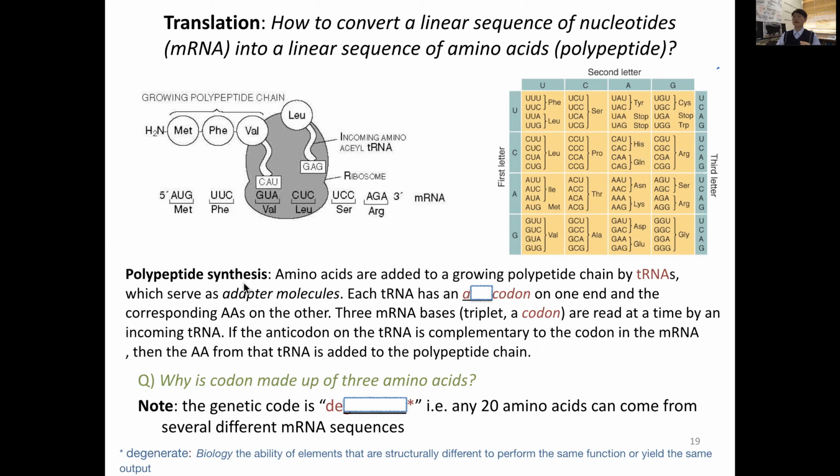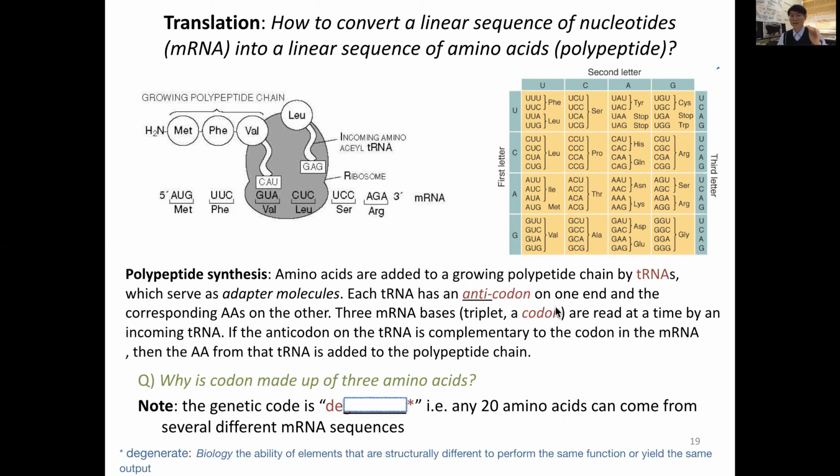So in polypeptide synthesis, amino acids are added to a growing polypeptide chain by tRNA. This tRNA serves as an adapter molecule, and each tRNA contains the opposite of the codon, so we call it an anticodon, which is a complementary 3 letters on one end, and on the other side, the corresponding amino acid is attached. Three mRNA bases we call a triplet or codon.